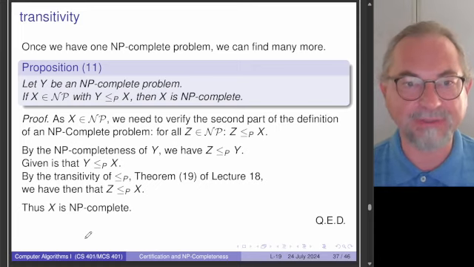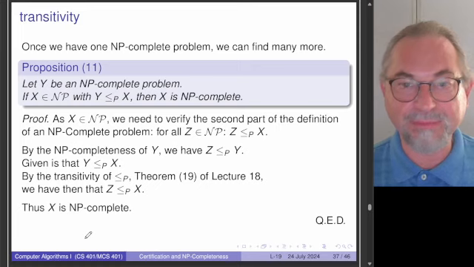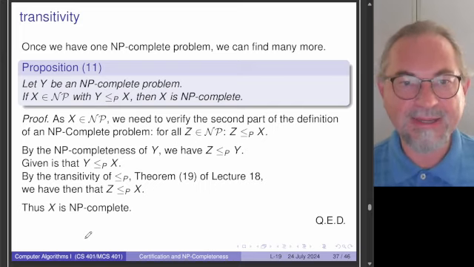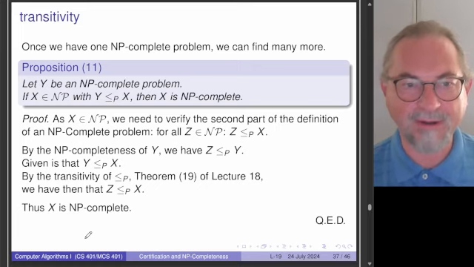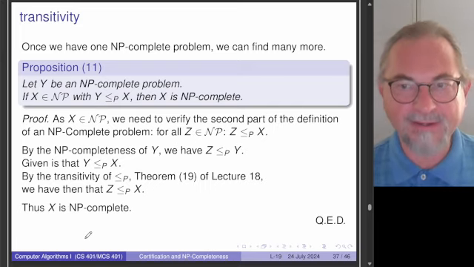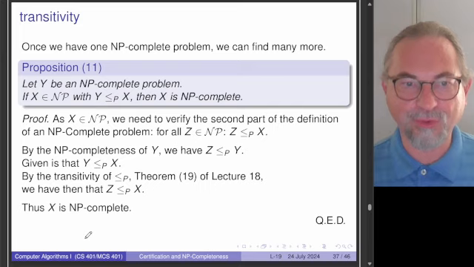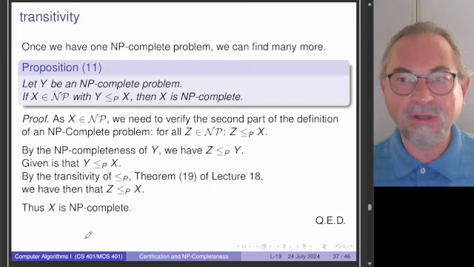Because we have an NP-complete problem Y, we can reduce any NP problem Z to that problem Y, given that Y can be reformulated in polynomial time into X, and we have the transitivity property of polynomial time reducibility.